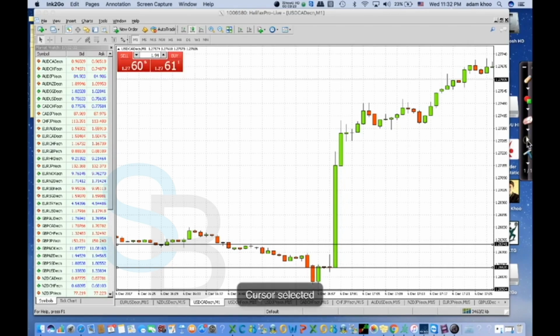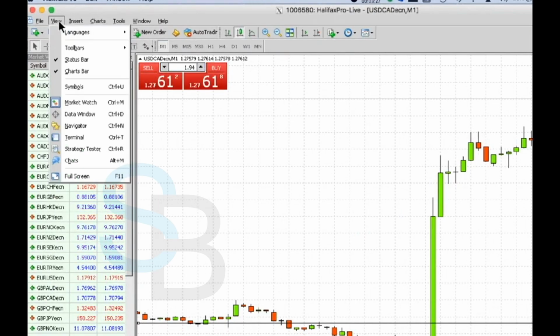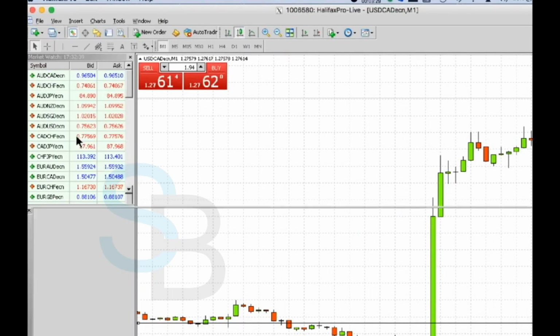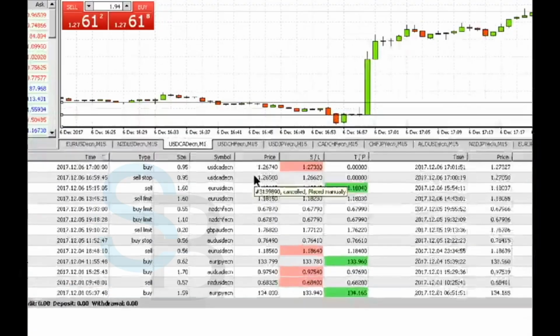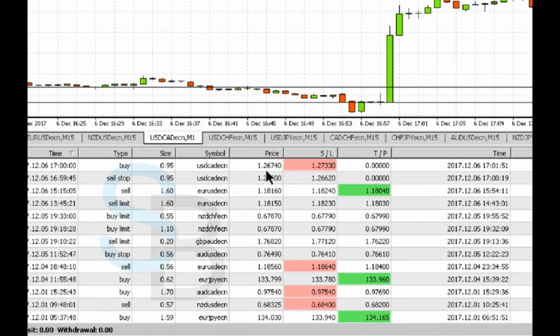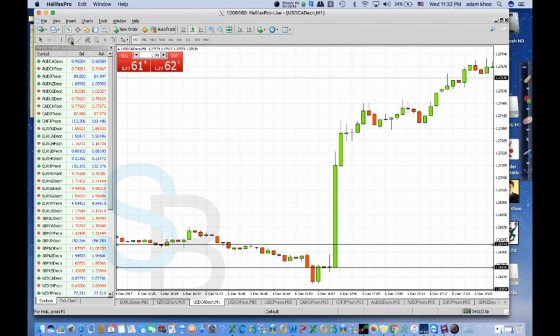So what was my actual fill price? Let me just take a look. Go to view, terminal. And so you can see the price that I actually bought was 2674.